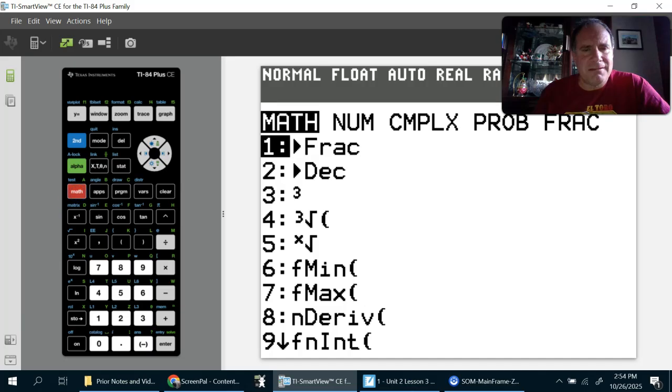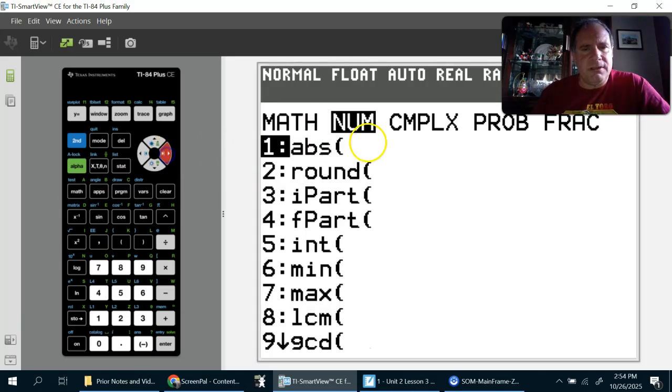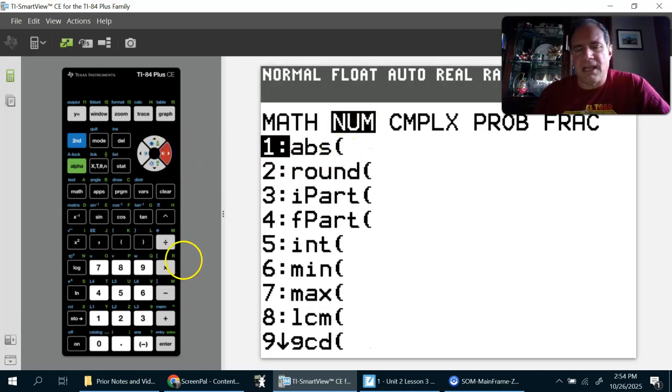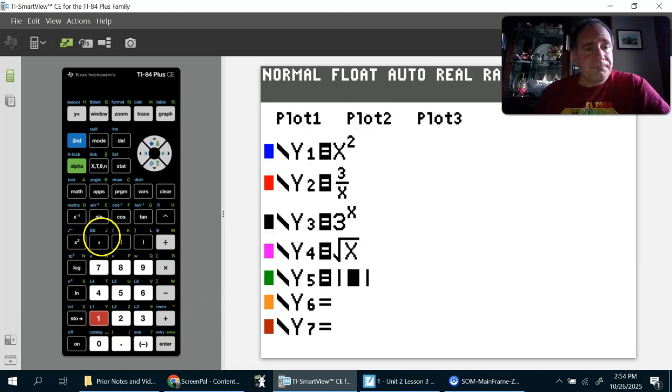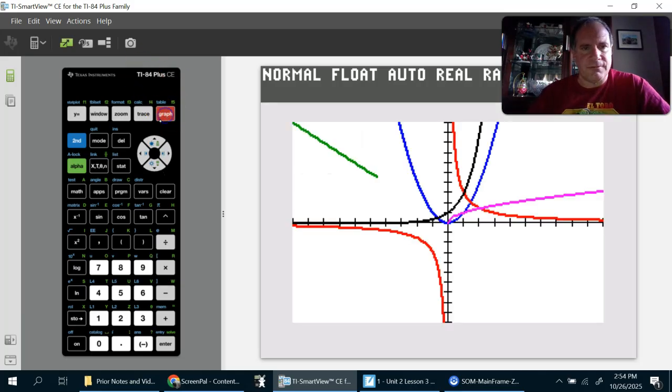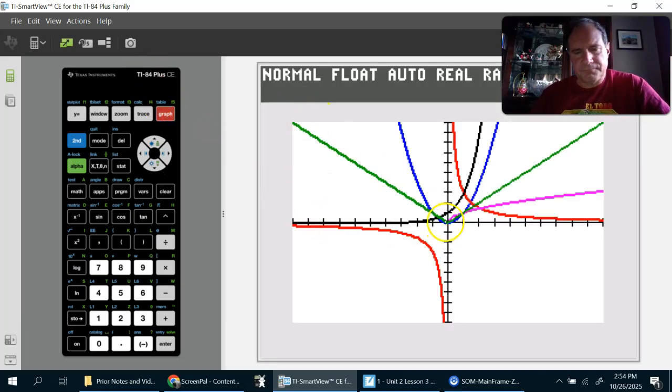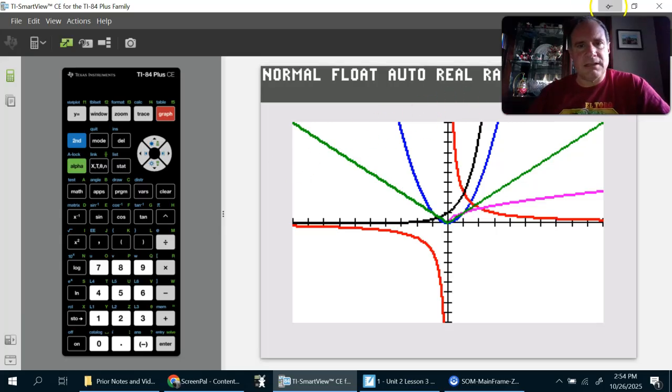You press math, and then you go over to num. And you see this ABS. That stands for absolute value. So we're going to press 1 and put x in there. Just make sure that you press to the right and get out of the absolute value bars. And you could see that the absolute value of x is a V shape, which is non-linear.